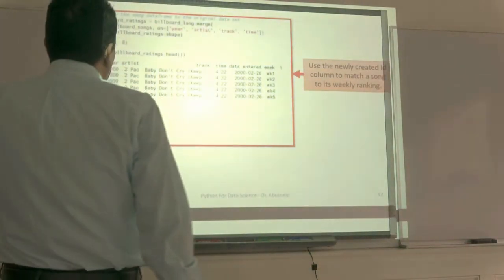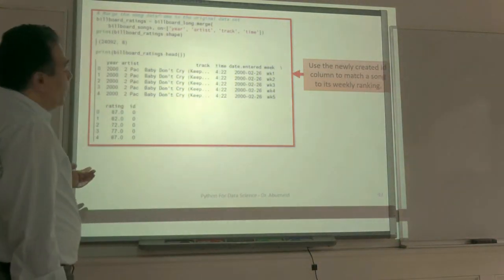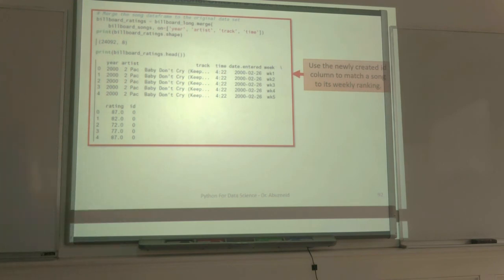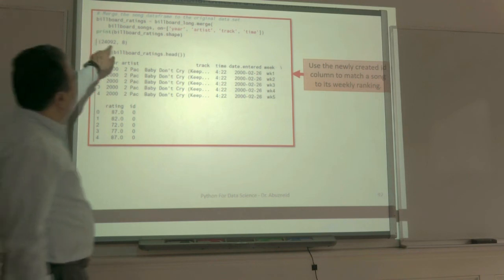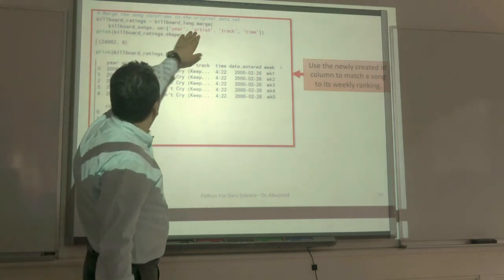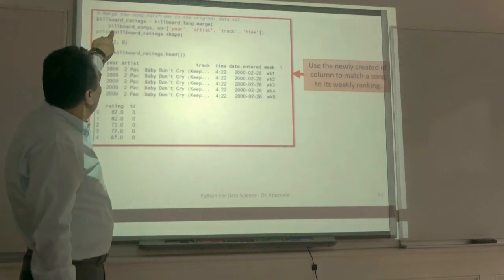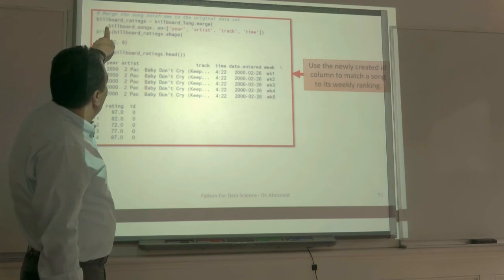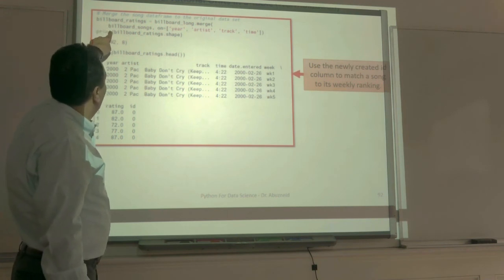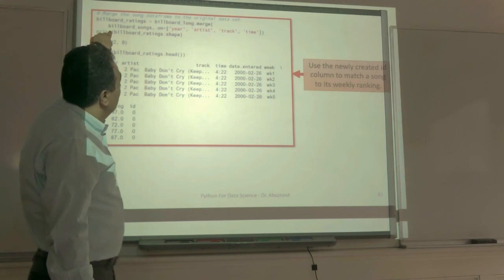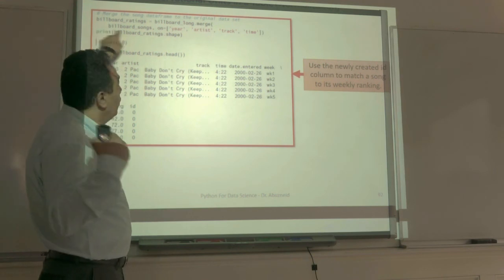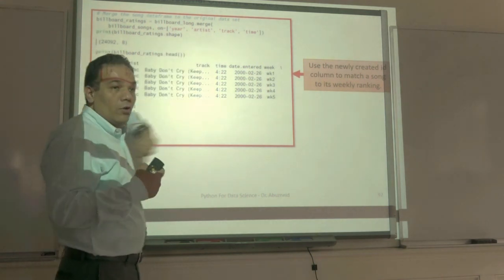Now, whenever there are multiple observation units, when I need to merge, I could merge the old billboard songs with the new one on the data I'm looking for.